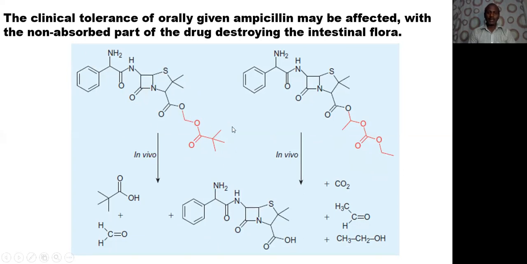These ester moieties increase the lipid solubility, giving proper absorption through the intestinal wall, and bioavailability will be increased. And this is how it undergoes cleavage to liberate the parent molecule.